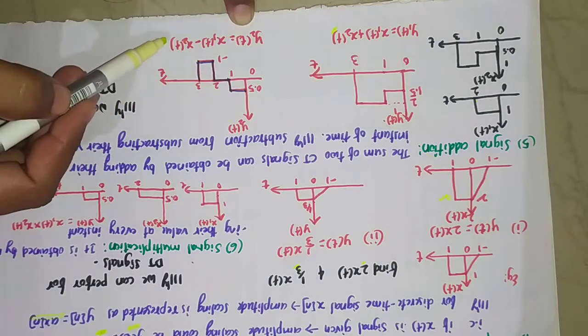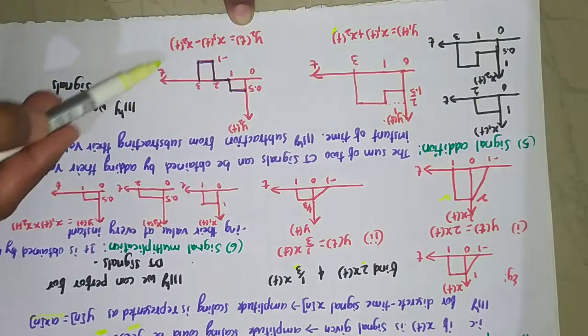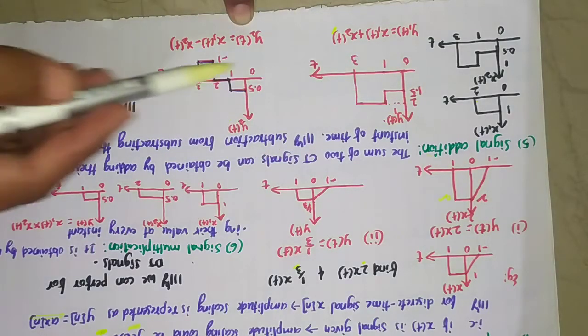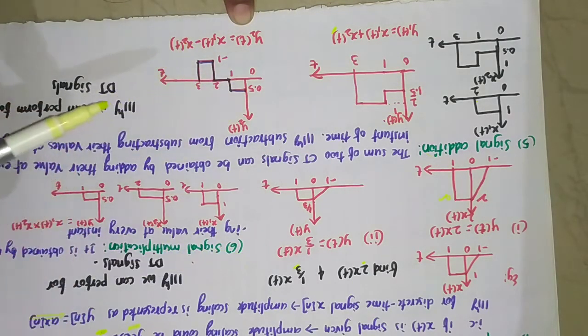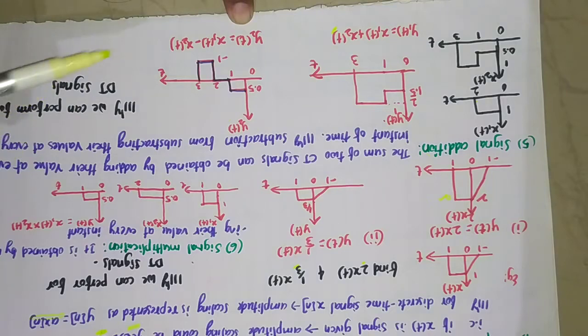So this is the subtraction of the two signals x1 of t and x2 of t. The same kind of examples we can take for discrete time signals also. Here in both cases I have taken continuous time signals only. We can perform the same thing using DT signals also.